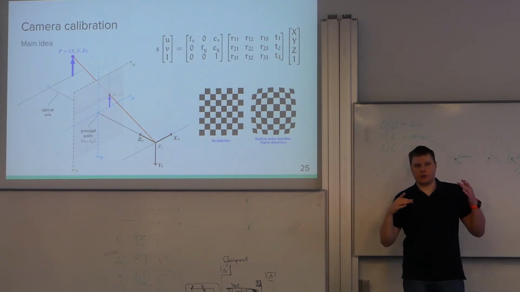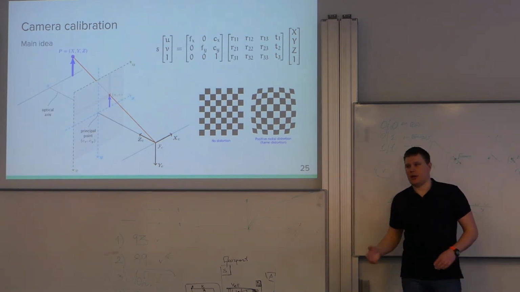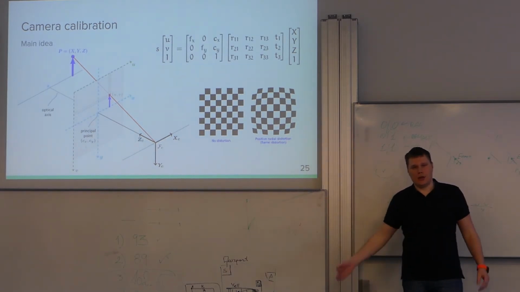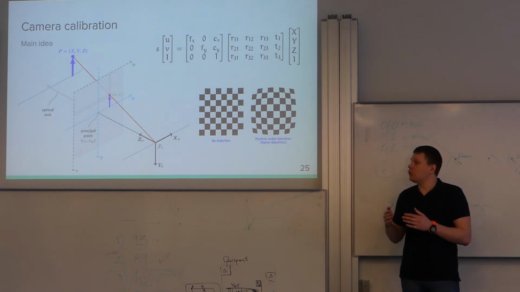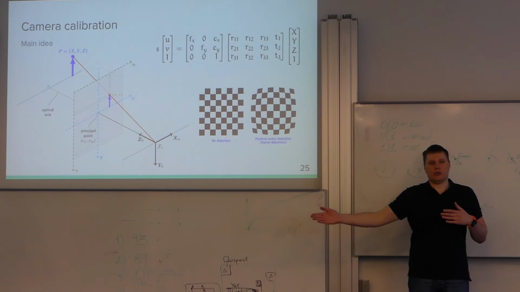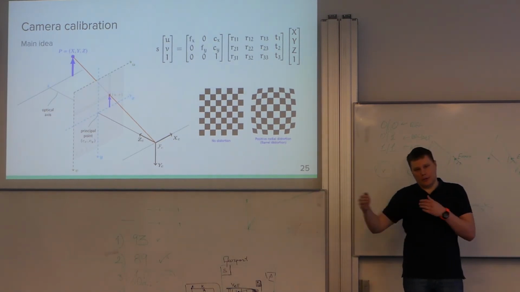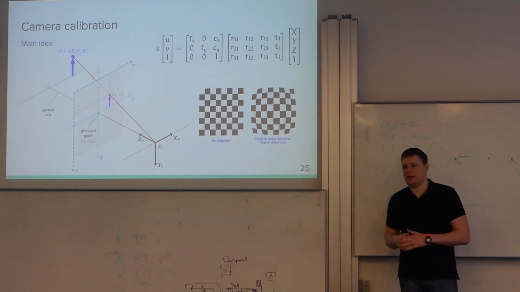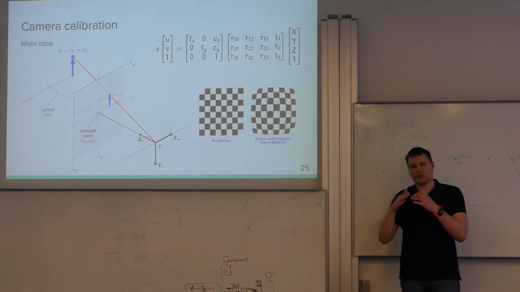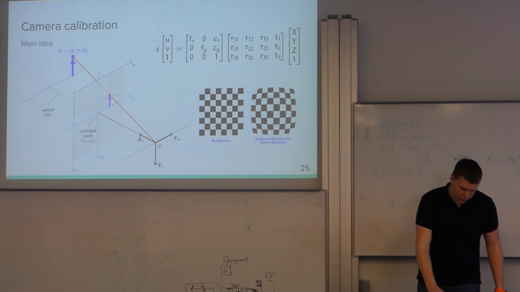So our imager kind of eliminates the z coordinate, and just allows us to know the direction from the camera where the object was, instead of its actual position. Later I will tell you how to try to retrieve the actual position of the object.